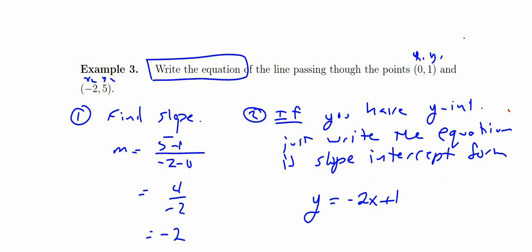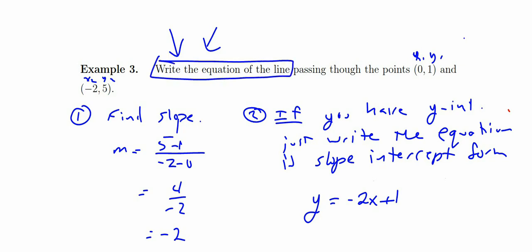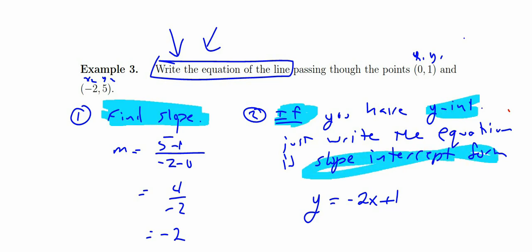So when you see that phrase, write the equation of a line, the first thing is always to find the slope. And then if you have the y-intercept, just use that slope-intercept form. That's the easiest thing to do.